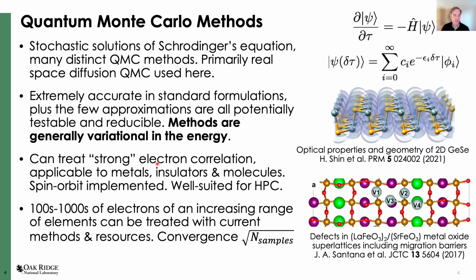These methods can treat strong electron correlation. They treat van der Waals effects very well, and they're applicable to a wide range of systems, from isolated systems through to periodic metals and insulators, so condensed matter. Note we've just added a spin orbit implementation, for example, and of course it's very convenient that these methods map well onto modern computers.